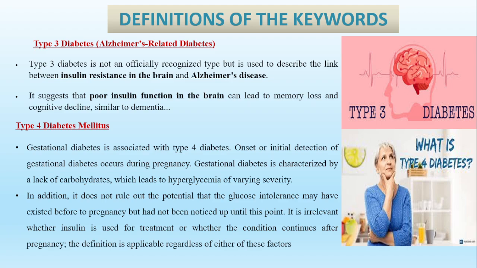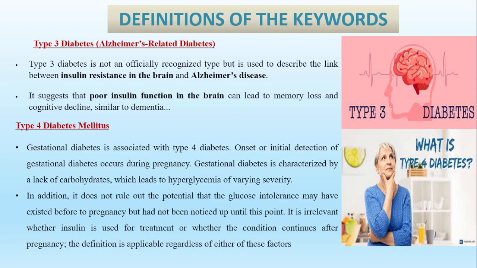When you are 60, 65, 70, after 60 years, the body, pancreas and insulin capacity automatically decrease day by day. So this category is also in type 4.